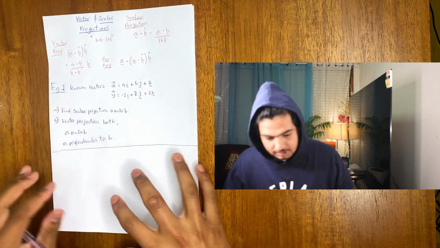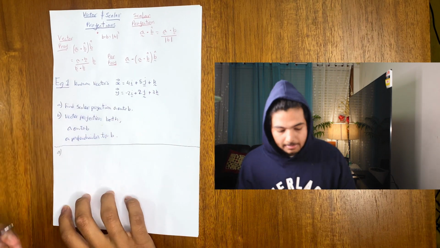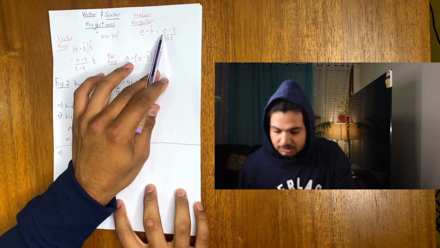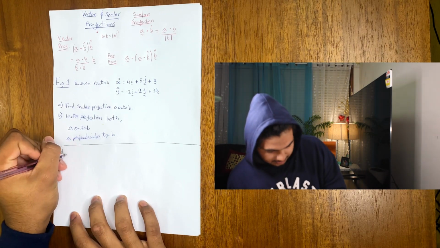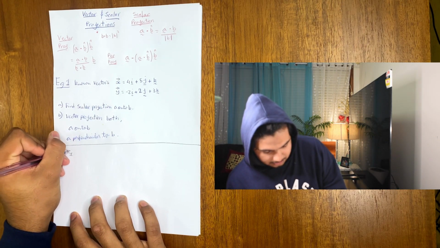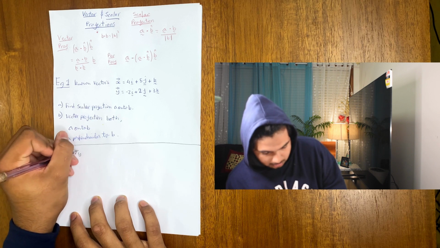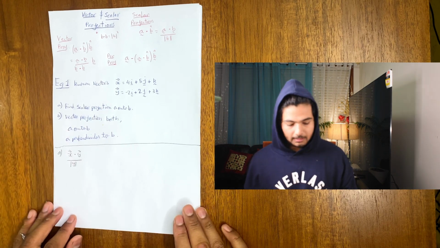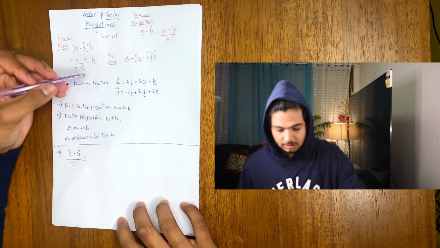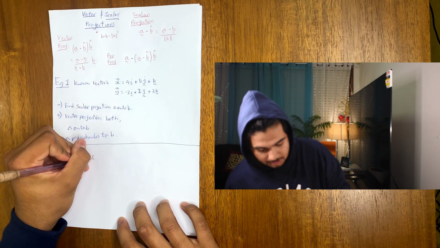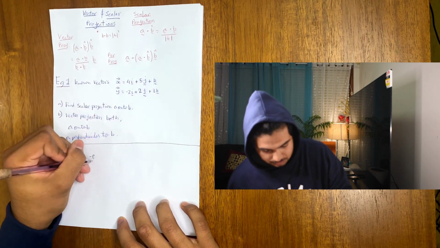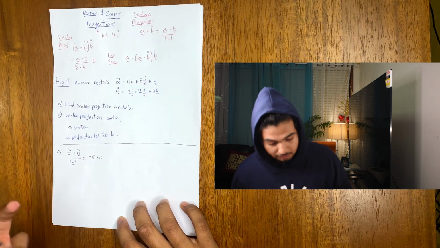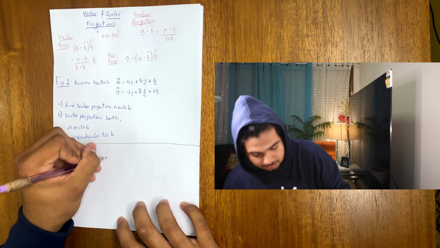A, scalar projection of x onto y. So come back to this formula. First thing we'll do is take the dot product. Let me rewrite this as x dot y all upon magnitude of y. Take the dot product: 4 times negative 2 is negative 8, plus 5 times 2 is 10, plus 1 times 3, which is 3.